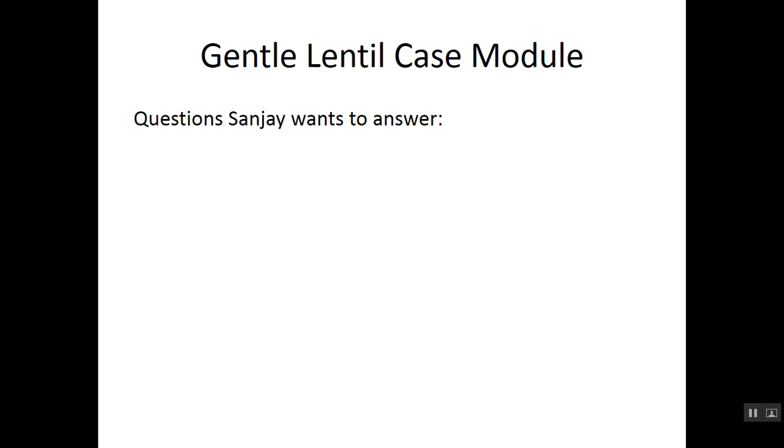And so we're going to really focus on that salary when we look at the questions that Sanjay wants to answer. Now, it's important that we know the questions we're trying to answer before we start trying to attack the problem, because this is going to inform the data that we need and the data that we need to generate. As we look at Sanjay's salary, he was concerned with his monthly salary. So one of the questions that we should answer for him is, what is his expected monthly salary?